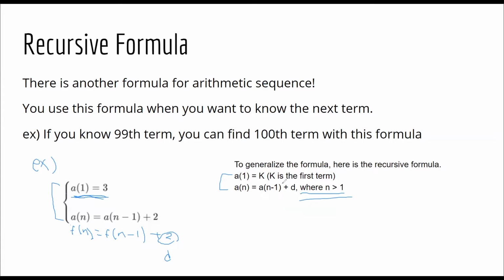When n is 1, you get f0 plus d. But in the sequence, there isn't a 0 term. It starts from the first term, so n has to be greater than 1. So it starts at n equals 2.